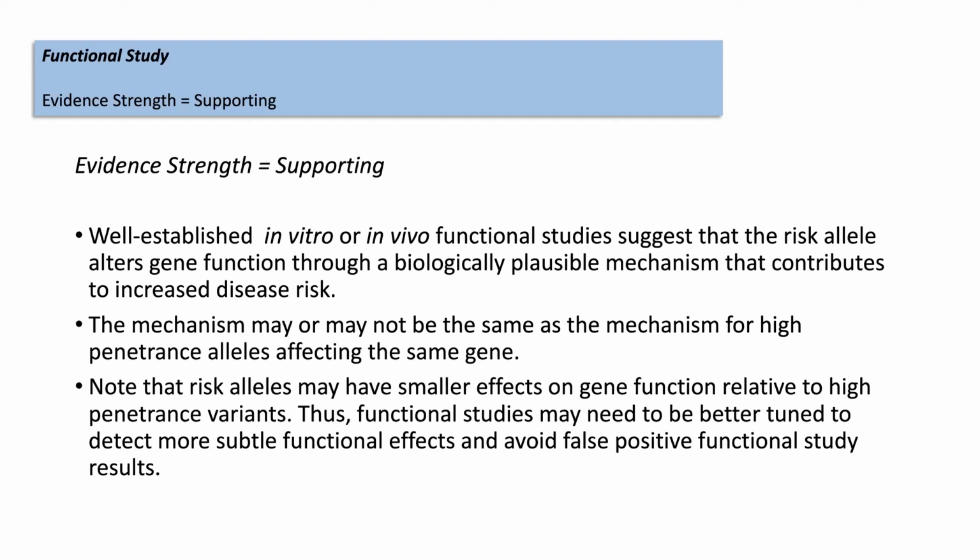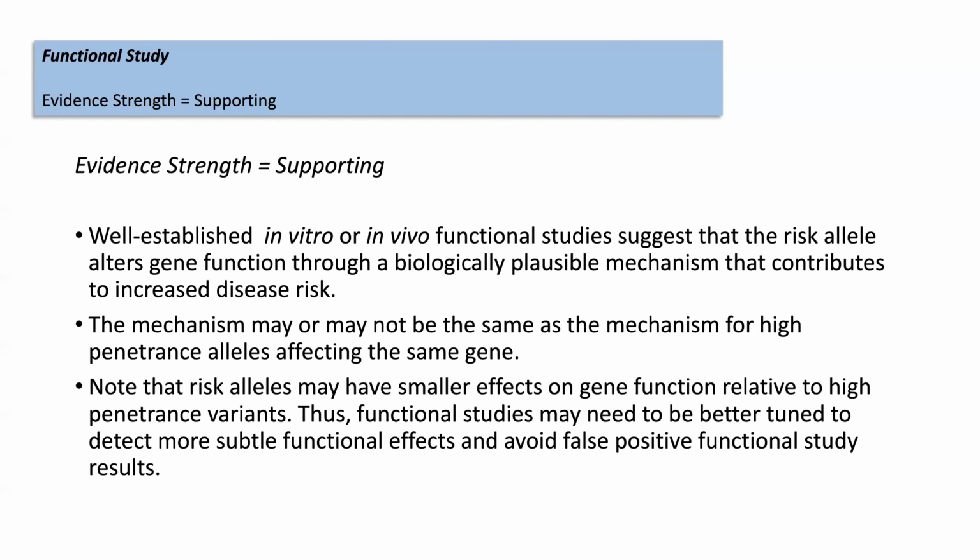And sometimes you really need to think about whether these functional studies are better calibrated than we often see in the high penetrance variants, because it's reasonable that a risk allele effect could come from a small difference in function. So it's not like we're just looking at things that cause a total loss of function versus things that are totally benign. There might be a subtle difference here.